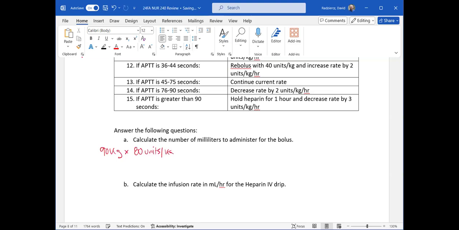So very similar to what we did in the previous question, except that it's not micrograms per kilogram per minute. It's just units per kilogram. So 80 times 90 gives me 7,200 units.